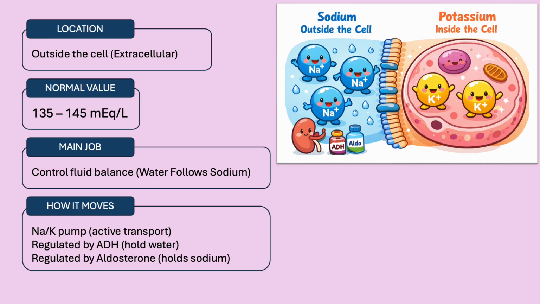Sodium is also regulated by two major hormones, ADH and aldosterone. ADH is responsible for telling the body to hold water. So what does ADH stand for? It stands for anti-diuretic hormone.